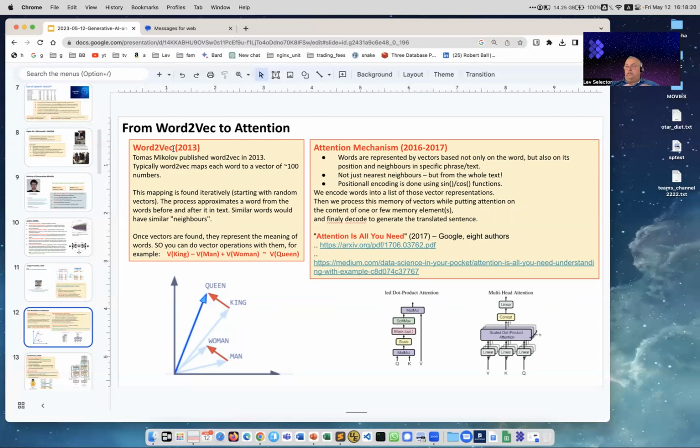The good thing about this process is that similar words, similar in meaning, even if they are spelled completely differently, will be close to each other in this vector space. And you can do vector operations like vector of king minus vector of man plus vector of woman. You get a vector which will be very close to the vector of queen. So this is good, but it is very simplistic, and it only looks at the closest words.